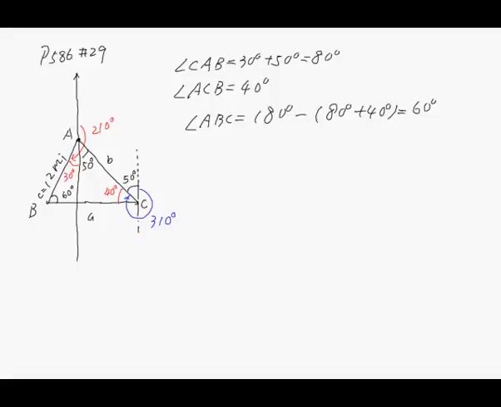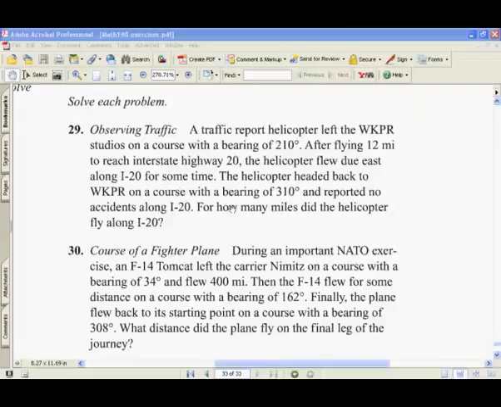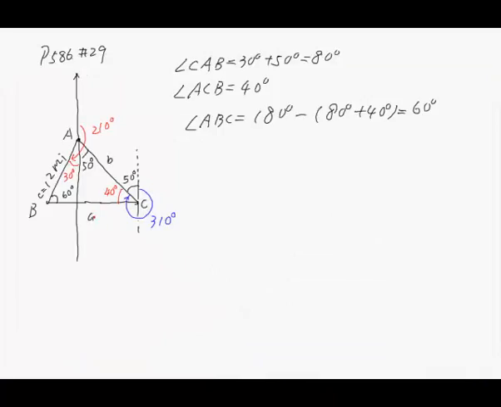Then we need to find the miles that this helicopter has flown along this I-20. So actually we need to find the length of this side a, this I-20. So now let's try to find a.